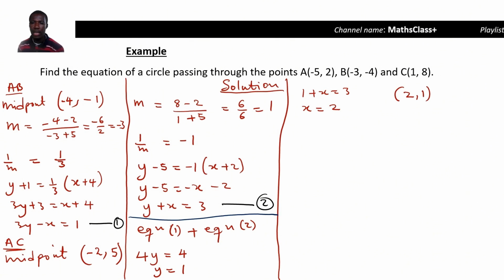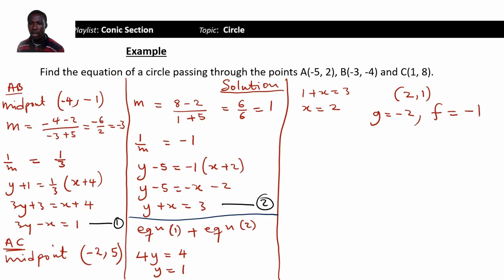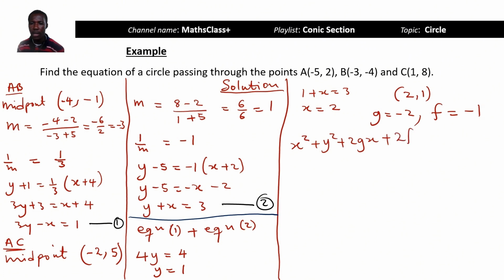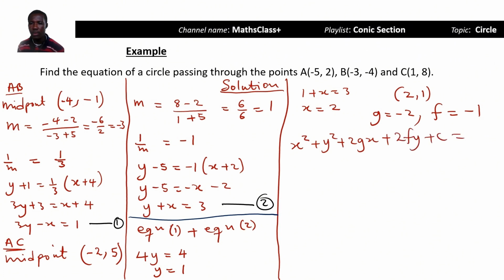Now, with the center of the circle (2, 1) and any other point on the circle, I can substitute into the general formula. So I have my g to be equal to negative 2 and then my f to be equal to negative 1. So x squared plus y squared plus 2gx plus 2fy plus c is equal to 0.